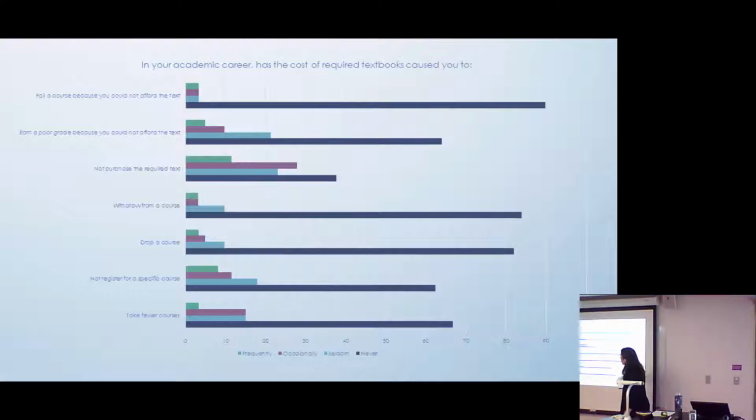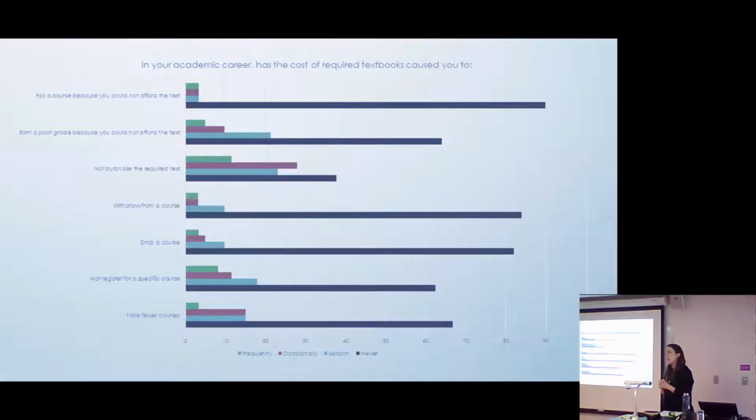In particular, what I'm looking for, not in order: not purchase the required text right here. You'll see the never on that is the smallest. Only about 38% of our students said, nope, I've never not purchased the text. That means over 60% of the students said they either seldom, occasionally, or frequently did not purchase textbooks for their classes.